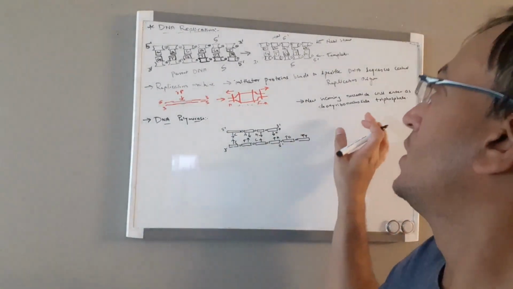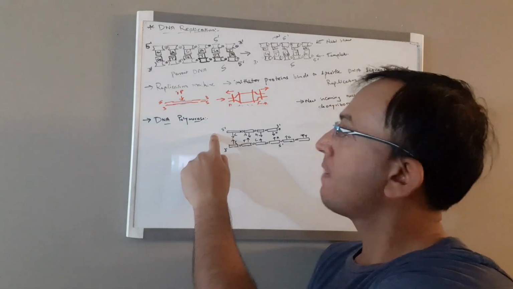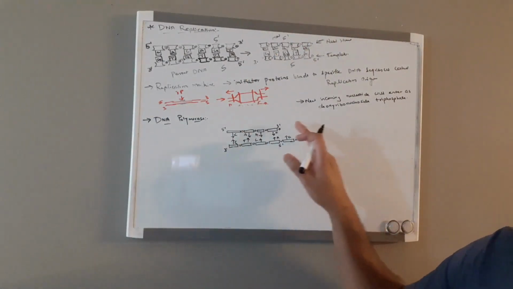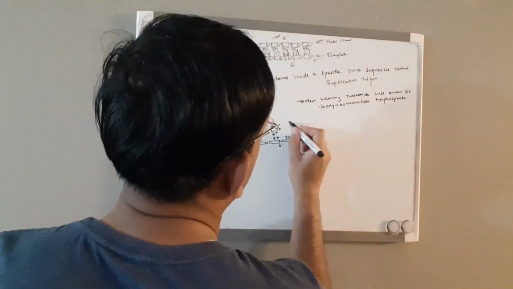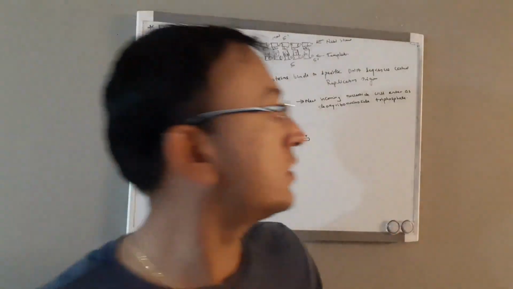And what is this? You can see an image of deoxyribonucleoside triphosphate. Here, this is a nucleotide with just one phosphate, then deoxyribonucleoside diphosphate. This goes on, and then deoxyribonucleoside triphosphate having 3 phosphate groups.